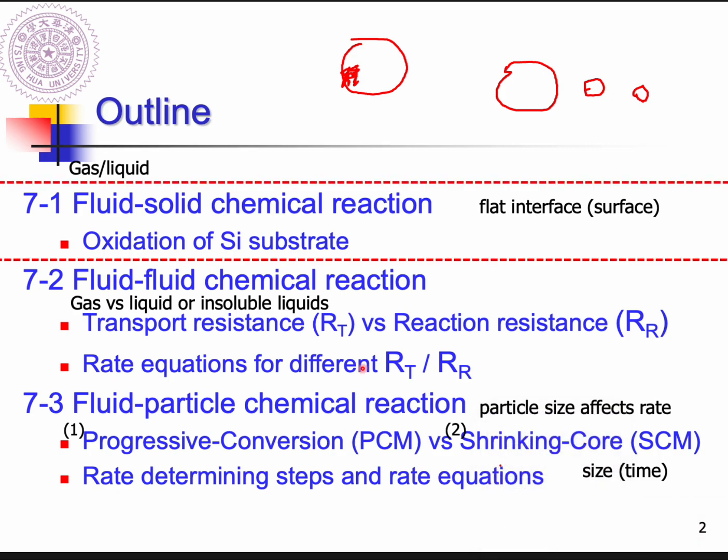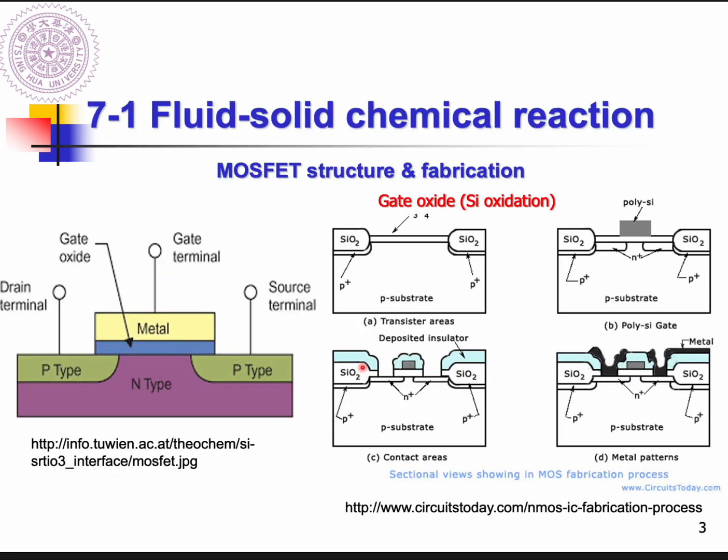We are going to talk about the fluid-solid chemical reaction. Before we move to the detailed definition of heterogeneous chemical reactions, we want to highlight the importance of these fluid-solid chemical reactions. The case we are going to talk about is silicon oxidation kinetics.